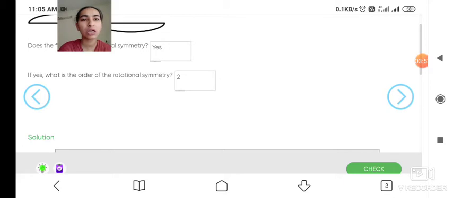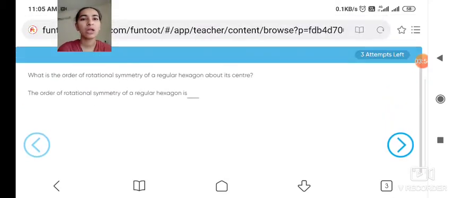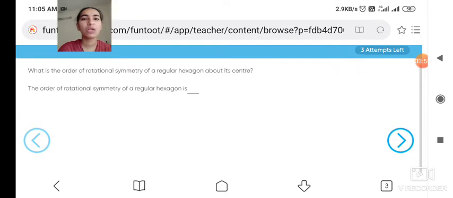Okay students, understand the order of rotational symmetry. Let's take another. What is the order of rotational symmetry of a regular hexagon? First you have to draw the hexagon. Hexagon means it has 6 sides, and all its 6 sides will be equal.